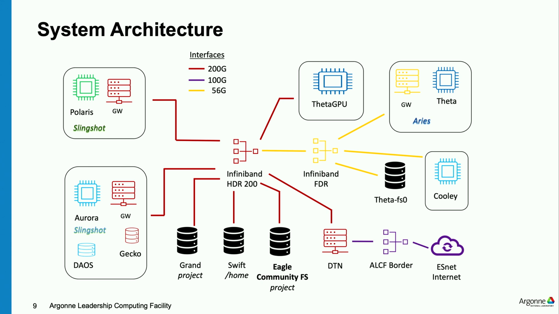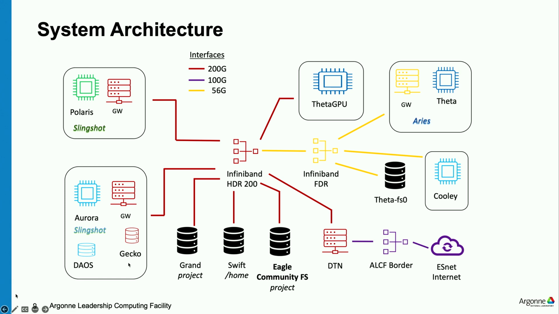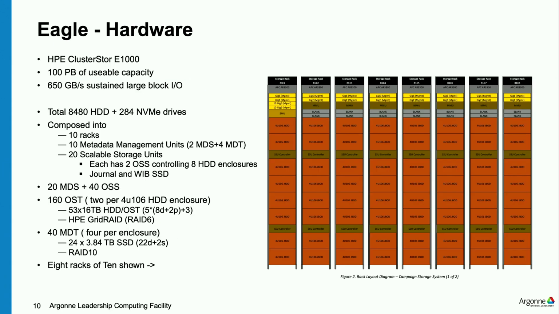To access the Aurora file system, there are 100 gateways, and right now we have small 14 petabyte DDN servers installed, called Gecko. So we can access all file systems through DDNs, but we do community sharing only for the Eagle file system.